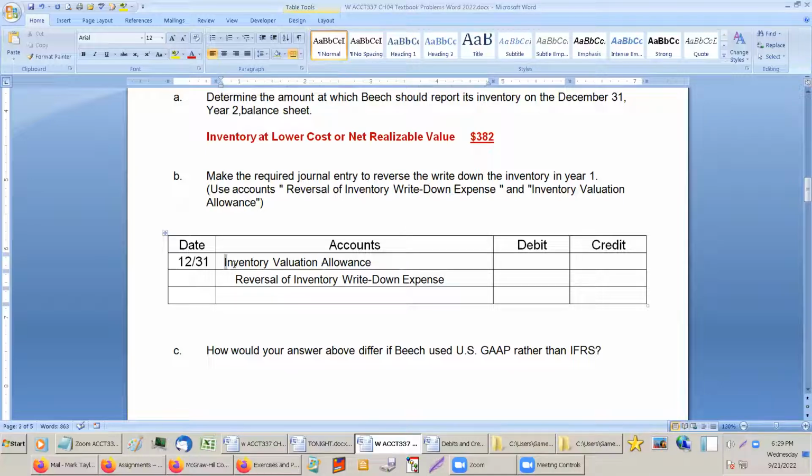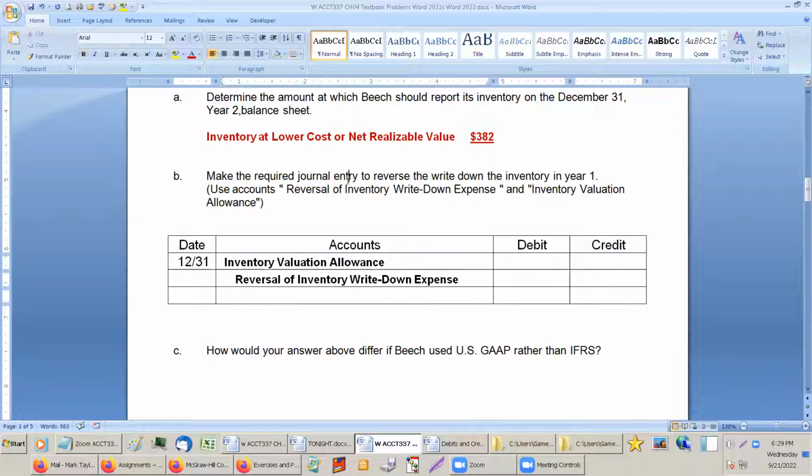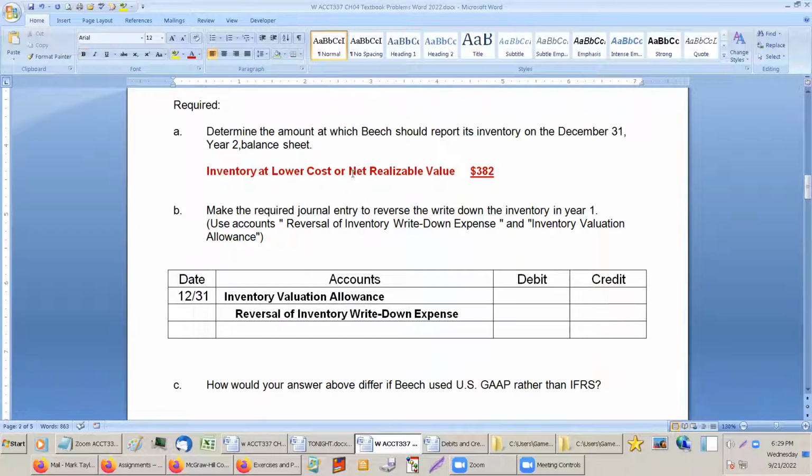Okay, so we're going to reverse out some of this loss. Now the question is, how much? How much of the loss do we have to reverse out?